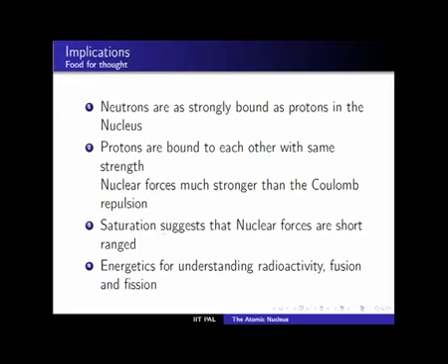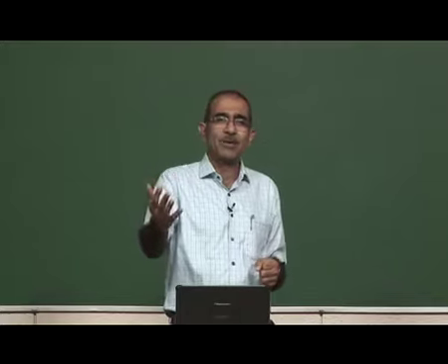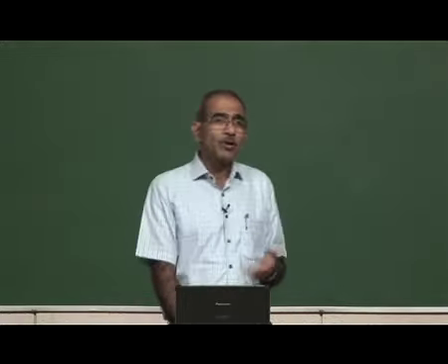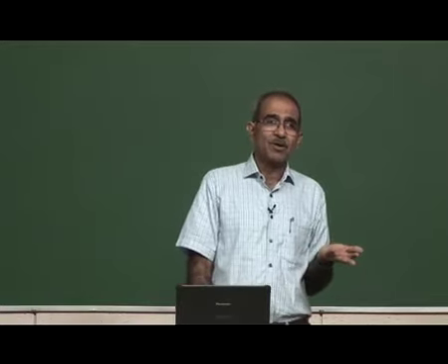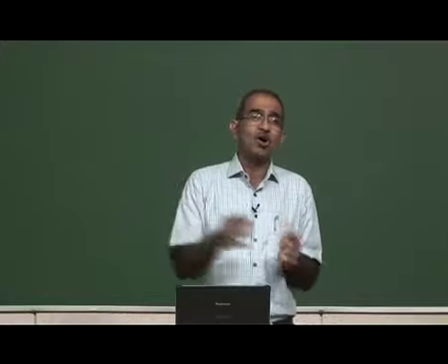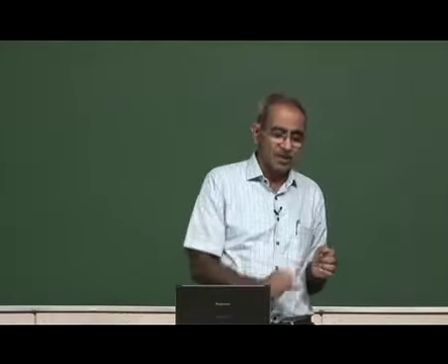Let us say of the order of a Fermi, femtometer, maybe 1 femtometer, 2 femtometer, 5 femtometer, because A to the power of 1/3, the cube root of 200, is not a very big number, because 6 cubed is already something like 200. So, the nuclear size is only 6 times larger than the original nucleon.